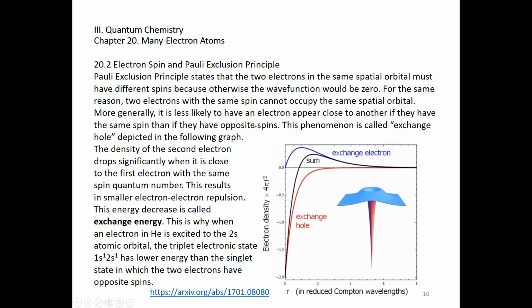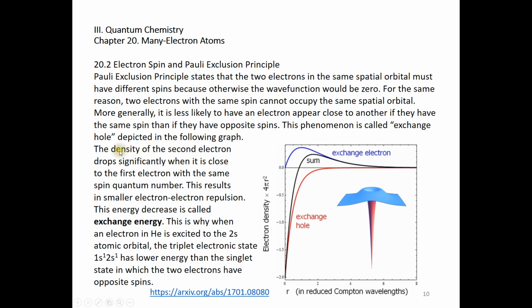This phenomenon is called the exchange hole, depicted in this graph. So if you have an alpha electron over here at this position, it's unlikely to have another alpha electron getting close to it, because two alpha electrons can never have the same spatial quantum numbers. And that means they can never occupy the same spatial orbital.